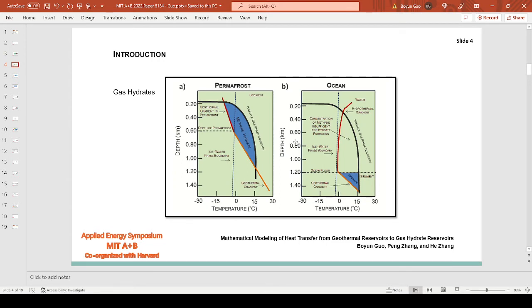We can find gas hydrates in permafrost and ocean floor. In permafrost, gas hydrates are buried in the depths between 200 meters and 1200 meters, where you have a temperature below the hydrate and gas phase boundary.